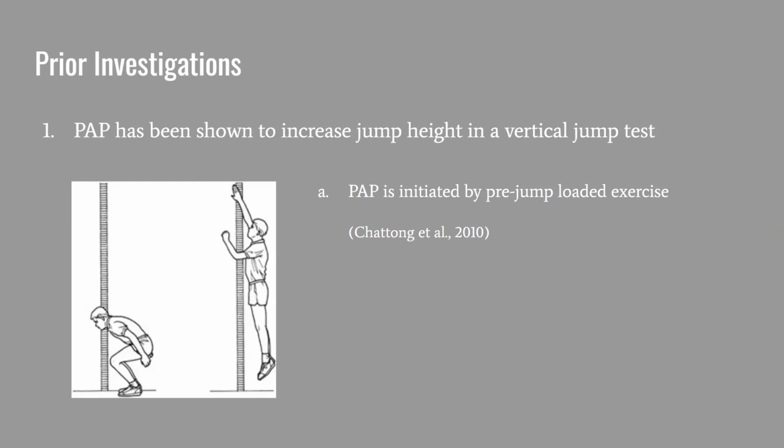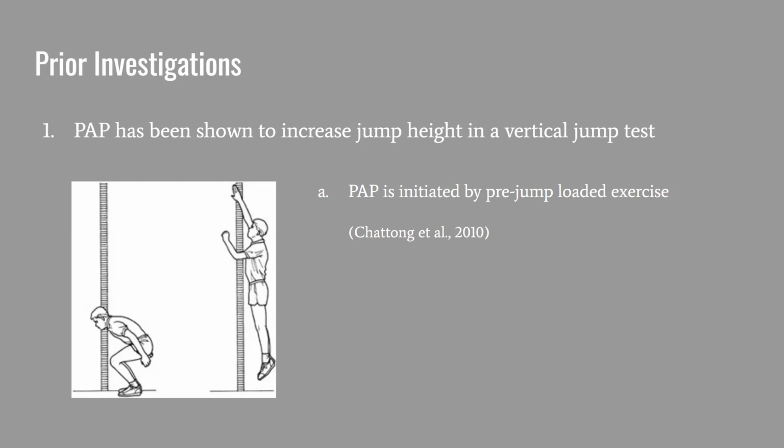So comparing it to baseline more. And I'll first say that different studies have shown it effective in counter movement jumps and in squat jumps, as we looked over both of those. And so that gave us reasoning to even use it for a squat jump in the first place.